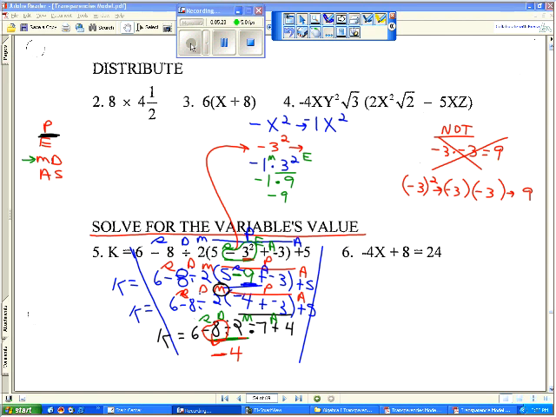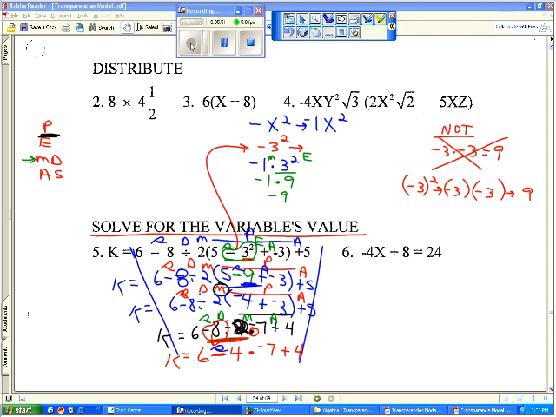Had the answer been positive here, I would have put a plus back. So I have my 6, I have an equal, I have a K. I have the times sign, which is right there, the negative 7 plus 4.